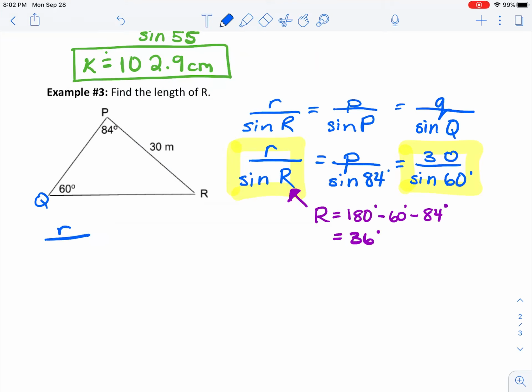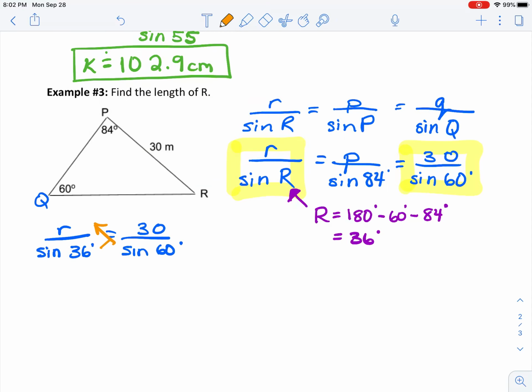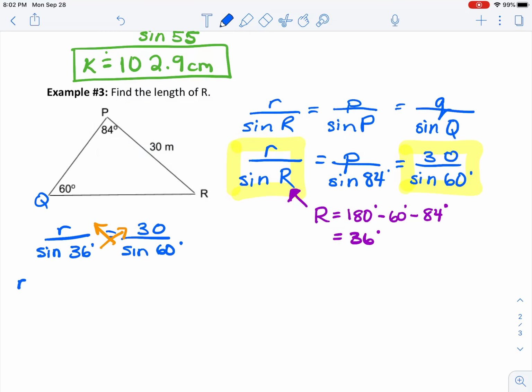Now I can take my proportion here and cross multiply. So one step before you could actually do the cross multiplication. Crisscross. r times sine 60 equals 30 times sine 36.